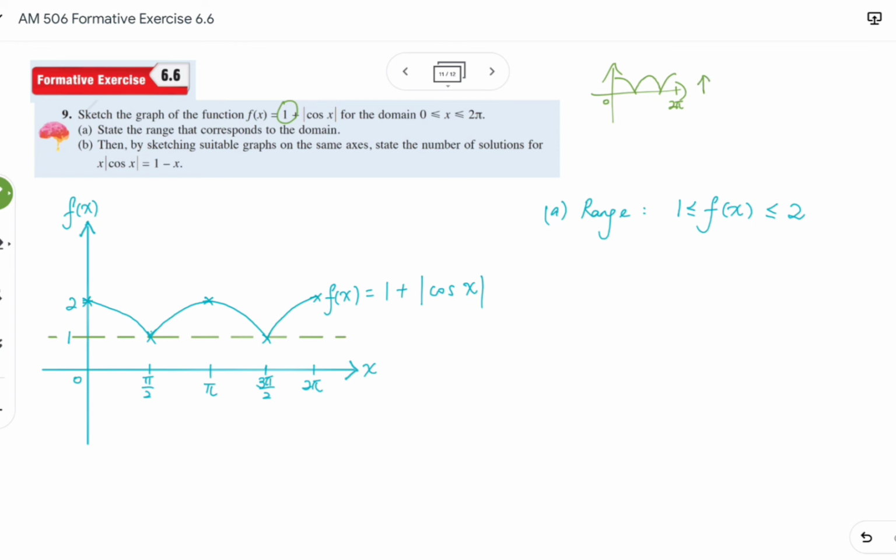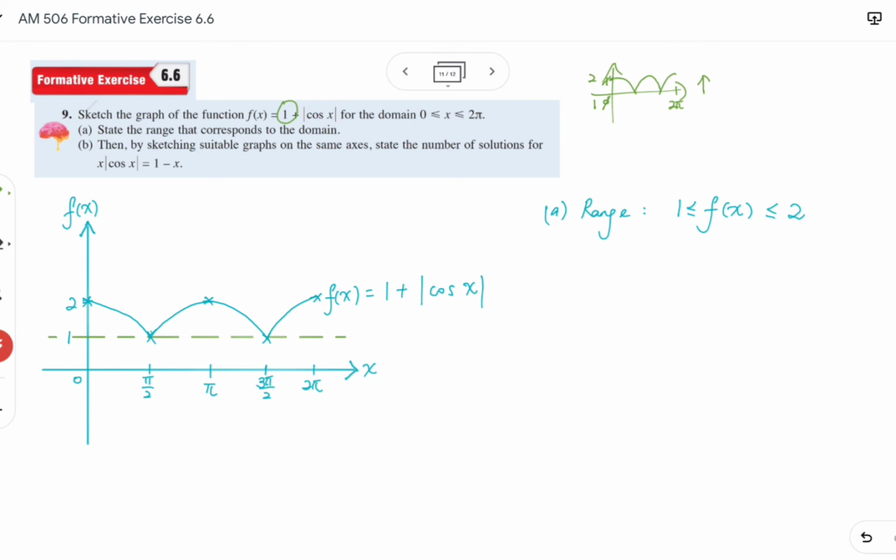So instead of y equals 0, now it becomes y equals 1. The maximum 1 from just now becomes 2. Therefore, we have our graph like this. The line y equals 1 acts as the reference x-axis for the graph of modulus cosine x. Alright, so this is the complete graph for f(x) equals 1 plus modulus cosine x.